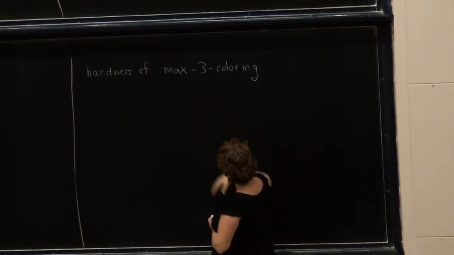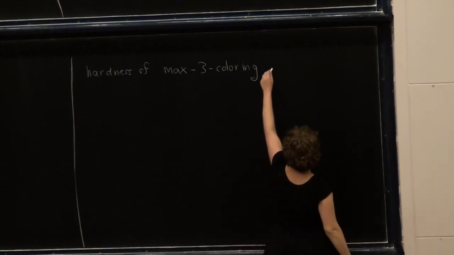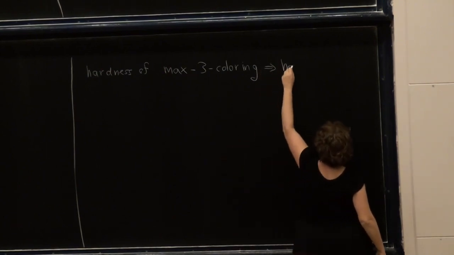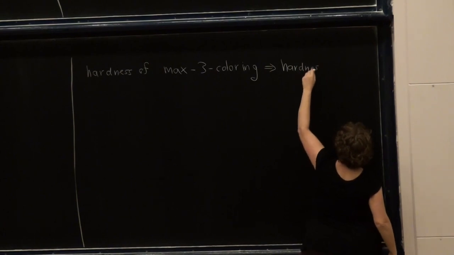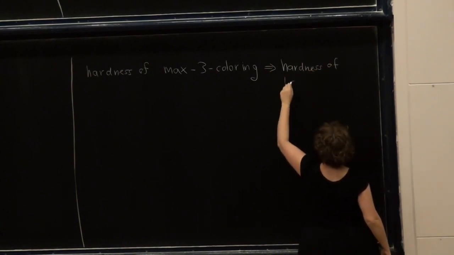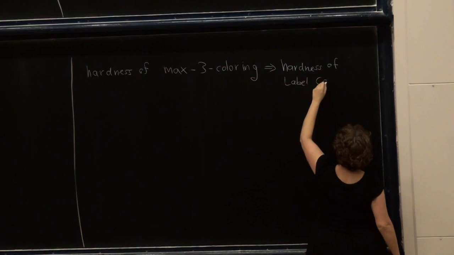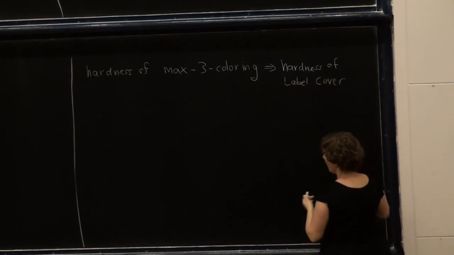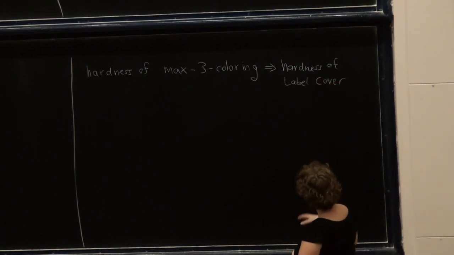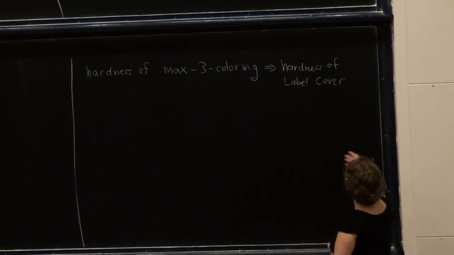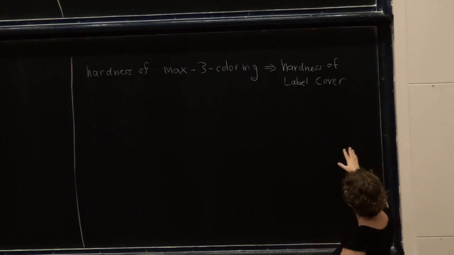So assume this. This implies a hardness of label cover. Let me try to convince you of that. I won't be able to do it fully, but let's do the first part, which is really easy.